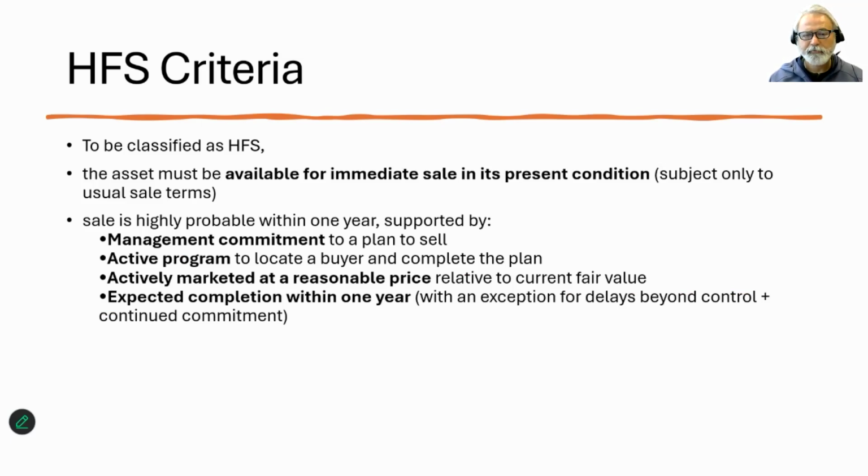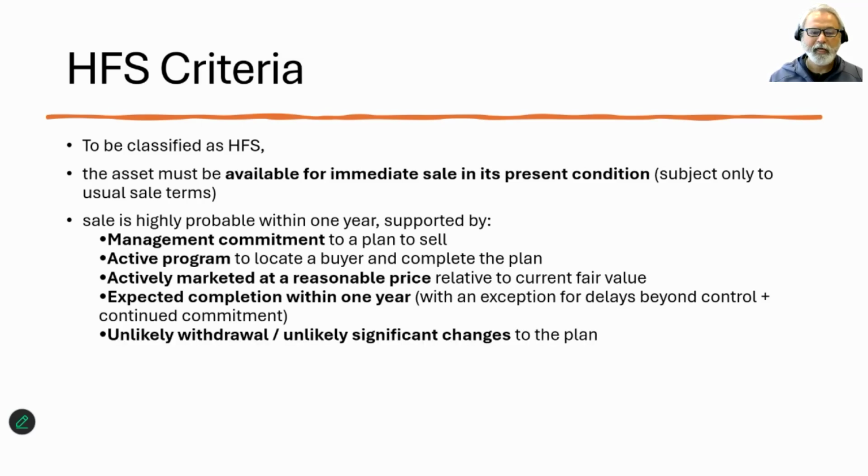Now, sometimes there can be relaxation of that for delays that are beyond control of the company, but the company's management is committed to complete the sale, and that the plan is unlikely to be withdrawn or there are any significant changes made to the plan.